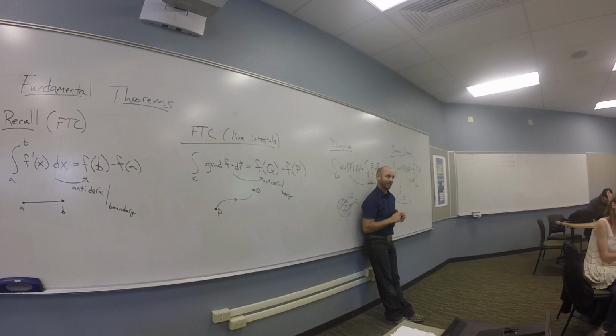Wouldn't it be a family, just like a normal antiderivative? Yeah. So if you find a candidate that has this curl, it might not be uniquely determined. That's okay. Cool.